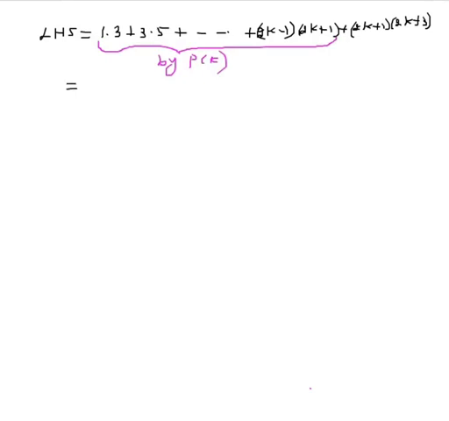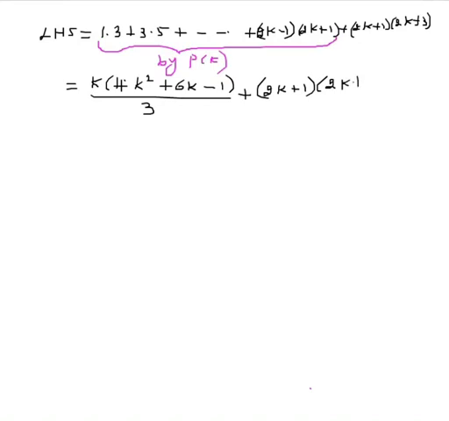Let us write the total of P of k, that is the sum of the first k terms, 4k square plus 6k minus 1 divided by 3, plus the last term, which is 2k plus 1 times 2k plus 3.